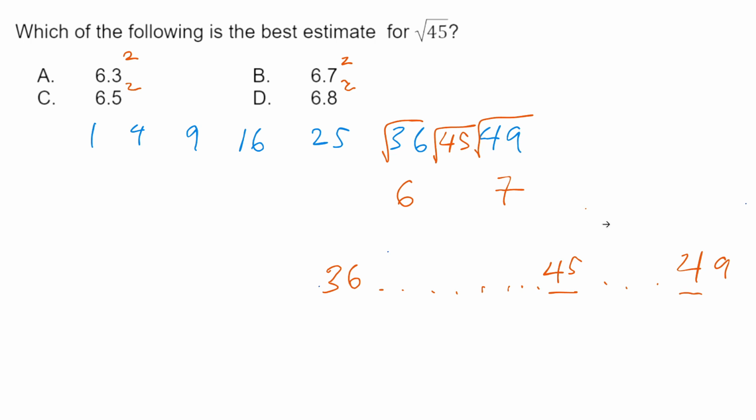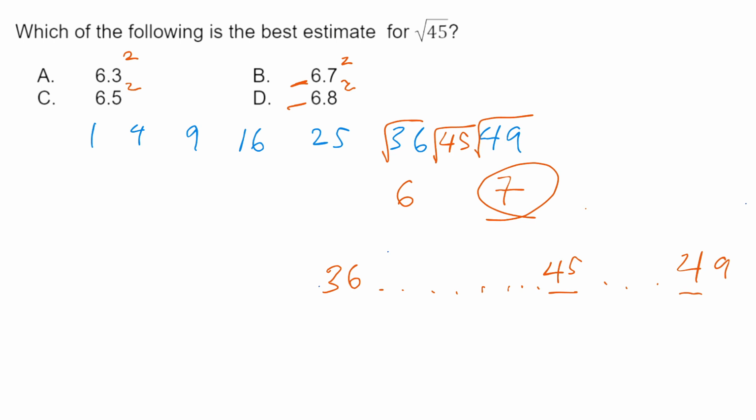Since 45 is much closer to 49, the possible answer should also be much closer to the square root of 49, which is 7. So our answer must be closer to 7. Which ones are closer to 7? We have the 6.7 and the 6.8, not the 6.3 and the 6.5. So let's just check those two.